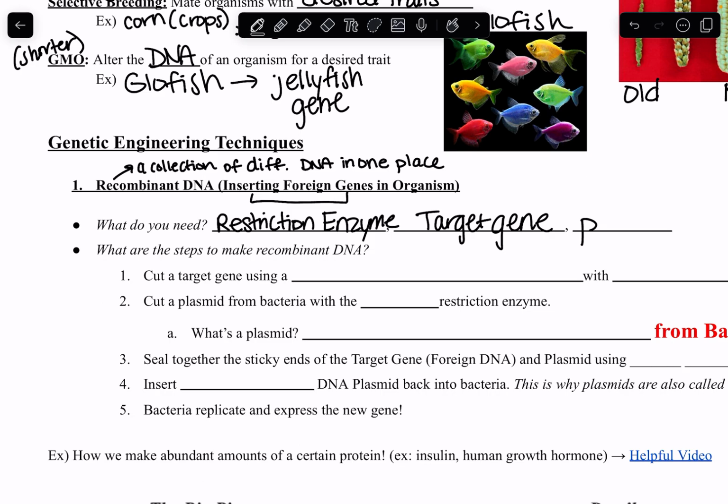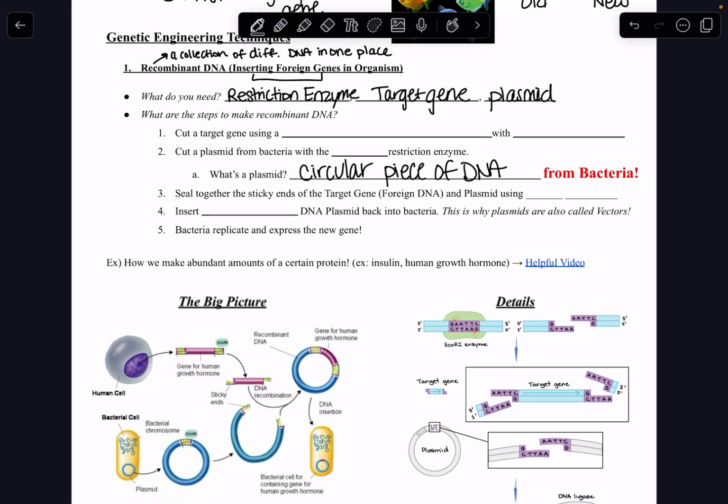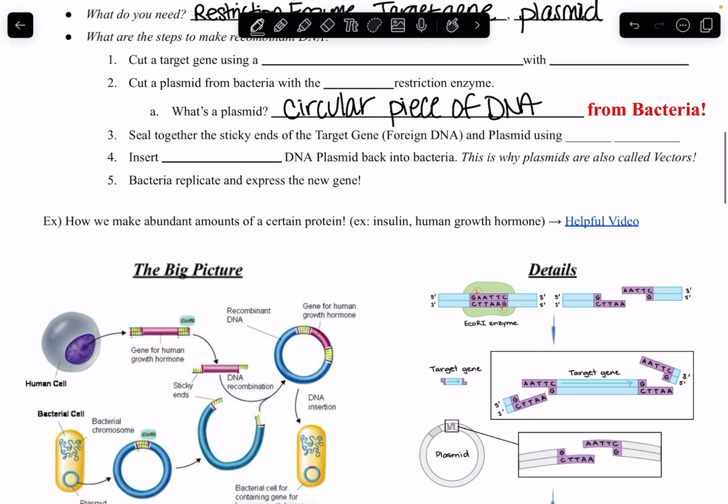And you need a plasmid. A plasmid is going to be a smaller circular piece of DNA. I'll go ahead and write that here, and it comes from bacteria. You can see it here.